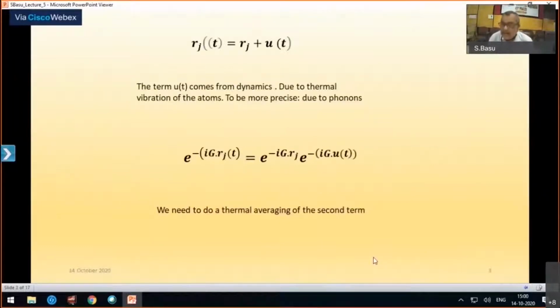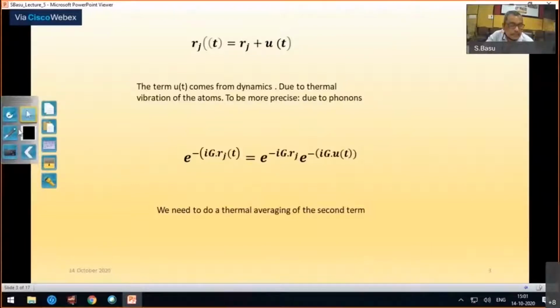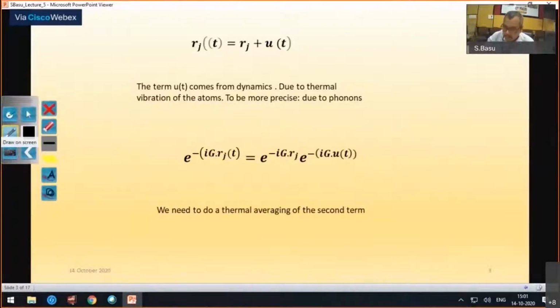So last time I said one way dynamics comes into any diffraction experiment is through the time dependence of the position coordinate. If you remember, I had e to the power minus i g dot R_j(t).